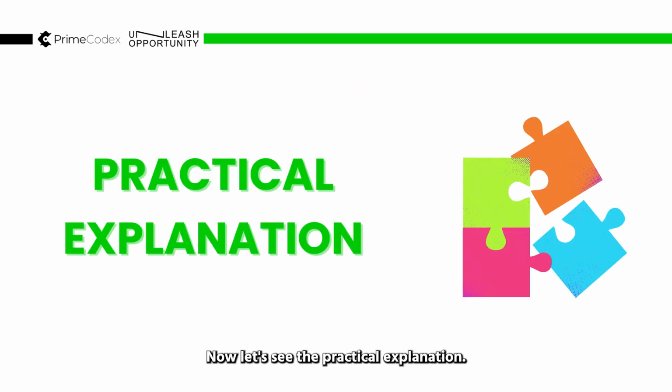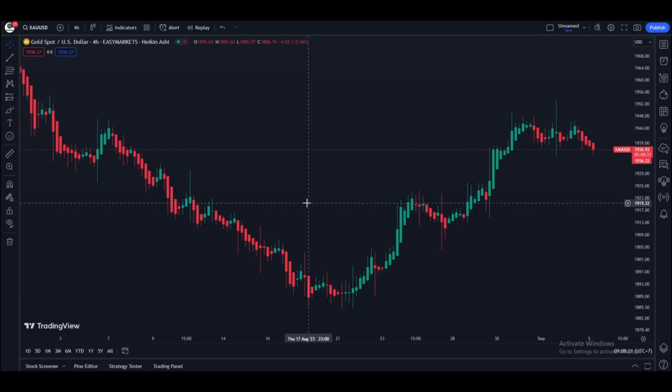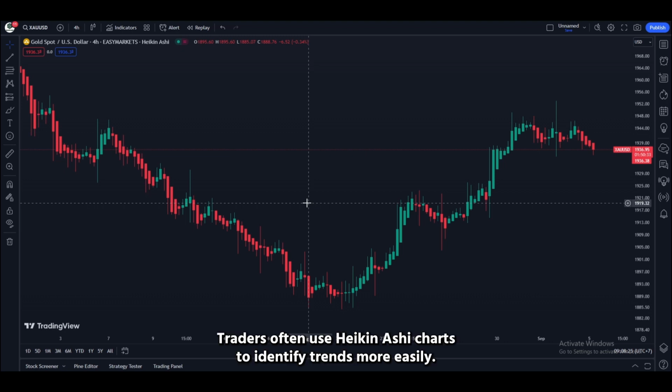Now let's see the practical explanation. First one is trend identification. Traders often use Heikin Ashi charts to identify trends more easily.